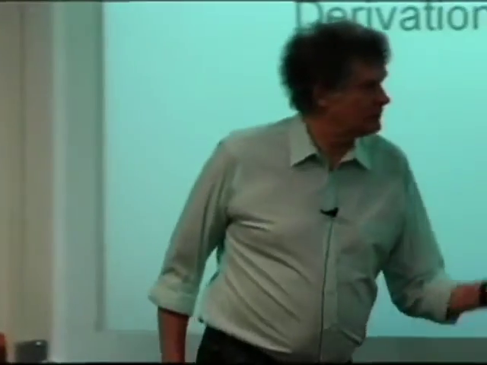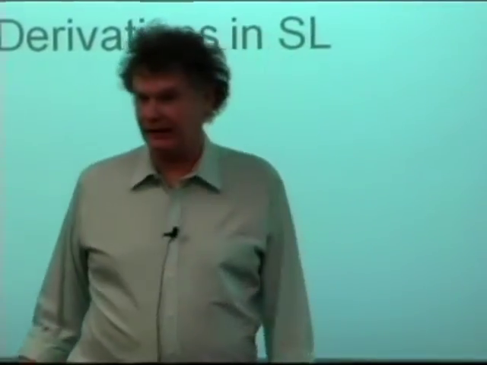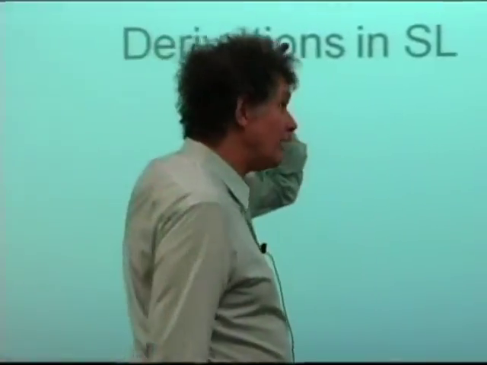Let me start with a very simple one indeed. This is partly what I want to do today, to get you acquainted with the machinery and with the way you'll be expected to perform these derivations in the Logic Cafe.